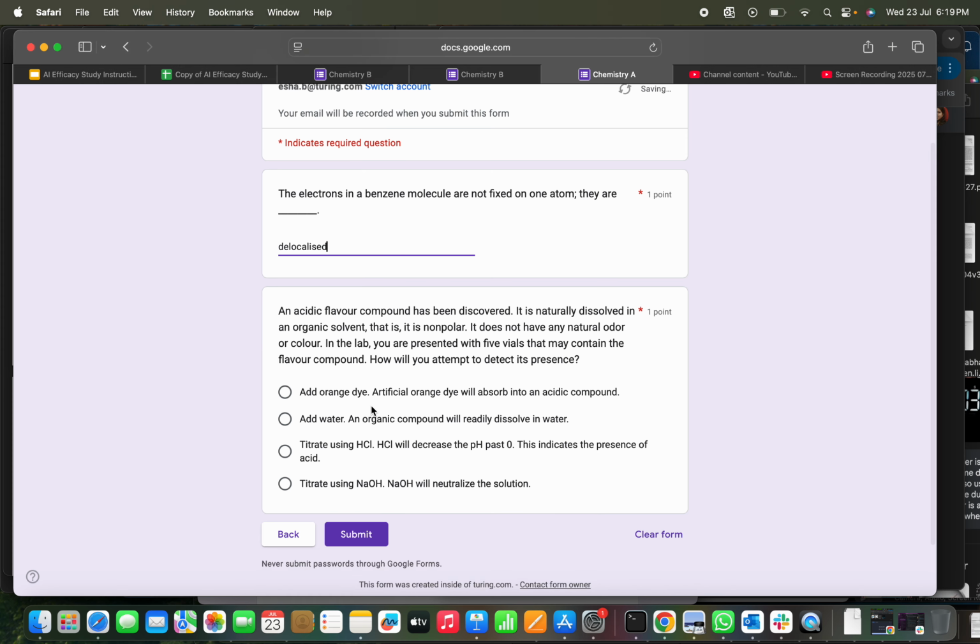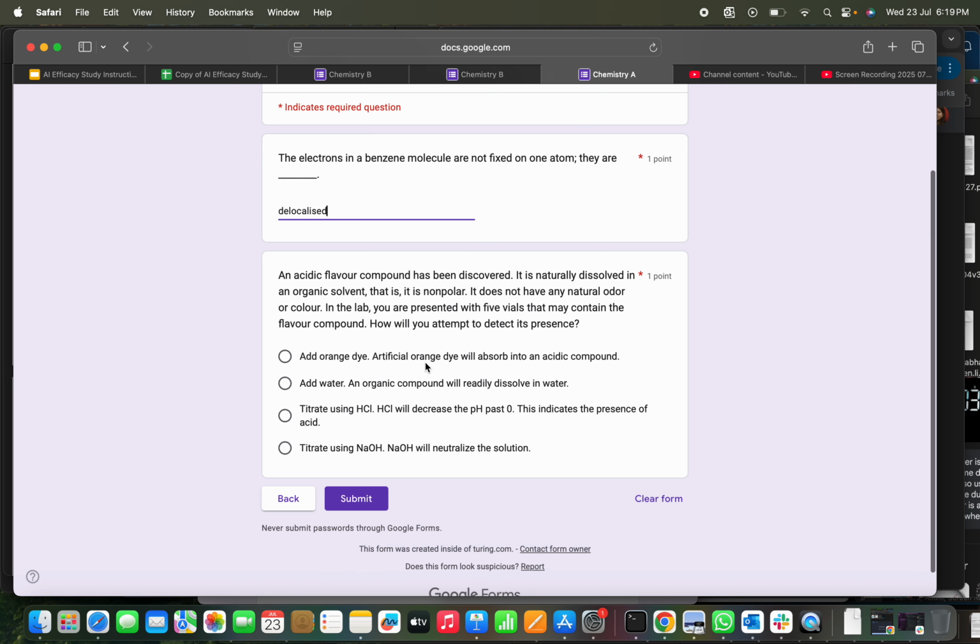An acidic flavor compound has been discovered. It's naturally dissolved in an organic solvent, that is, it is non-polar. It doesn't have any natural odor. In the lab, we are presented with 5 vials. How will you attempt it? It's non-polar, so it will be neutralized.